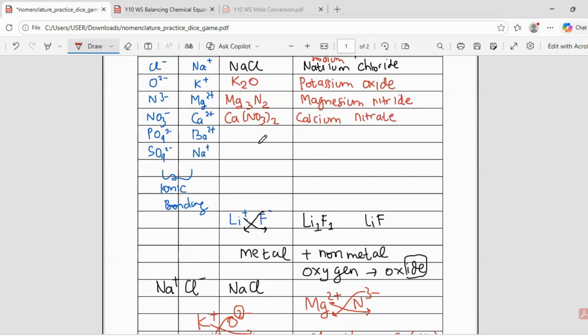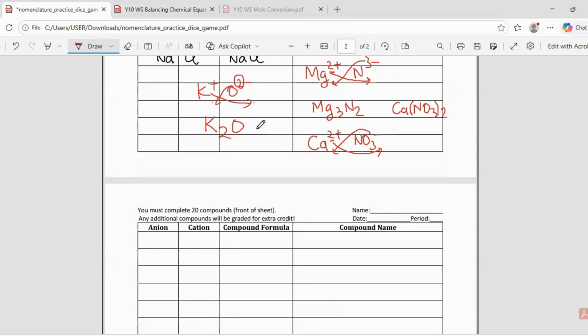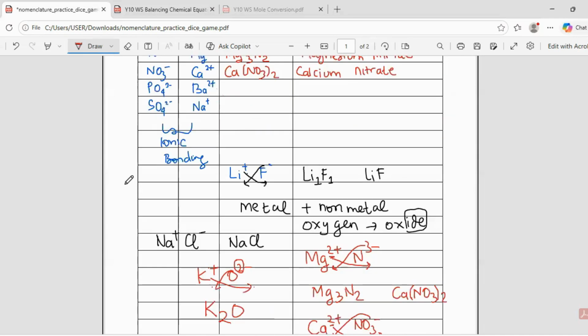Nitrate is a polyatomic ion. Now we have another polyatomic ion, between Ba2+ with PO4 3−. How do we write it? The 2 from Ba will go toward phosphate and the 3 from phosphate will go toward Ba. So the result will be Ba3, PO4 again, because it is a polyatomic ion, you have to use a bracket and then put 2 over there.